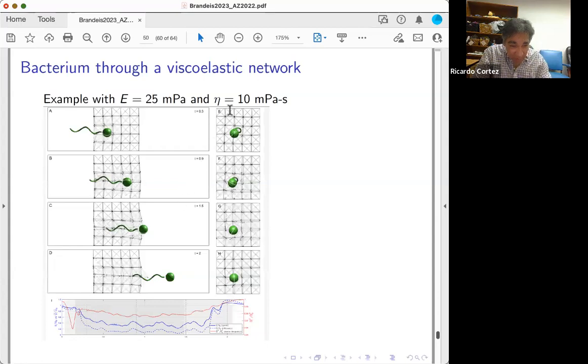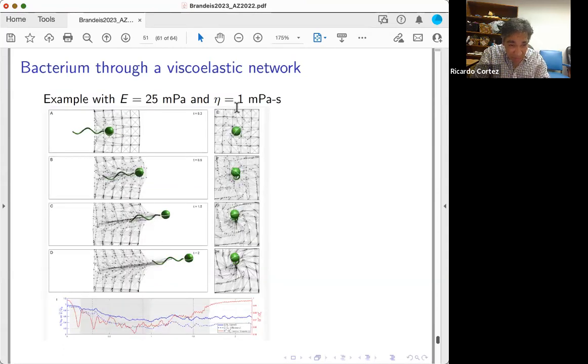If we decrease eta, now there's viscoelastic behavior, and so there's deformation here. And if I make this parameter smaller, this becomes very stretchy, and the organism drags a lot of the points with it. I don't know if this is really making any sense, but basically the two parameters, E, the stiffness of the springs, and eta, which is related to the dashpot parameter, give you different behaviors of the viscoelastic chunk of material.